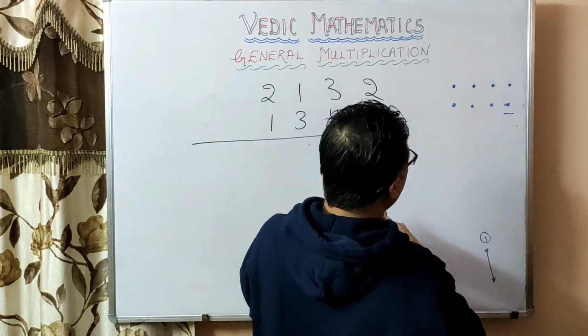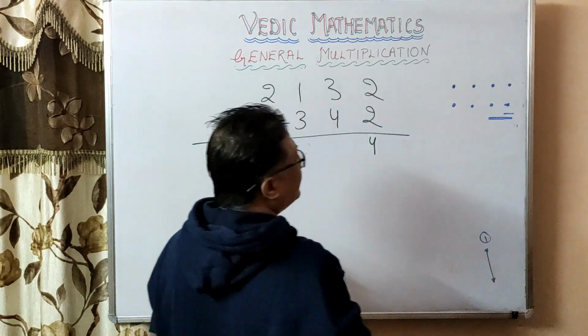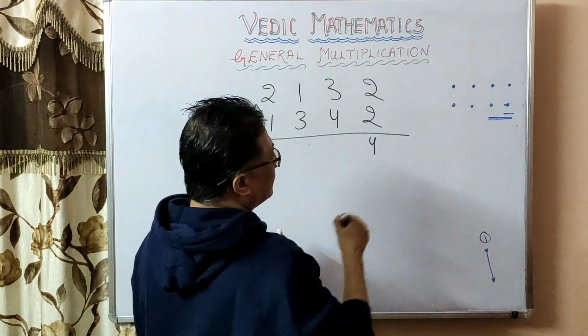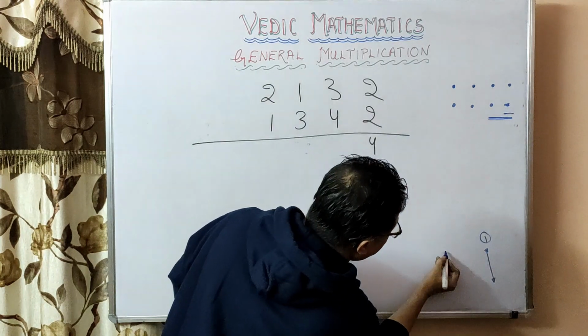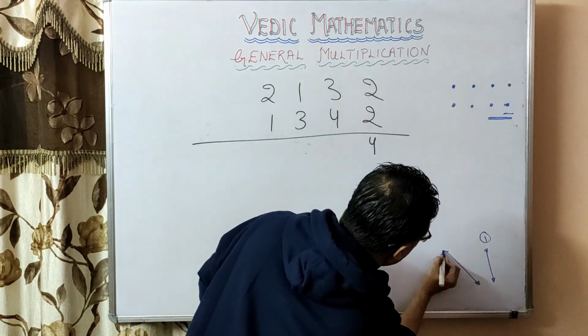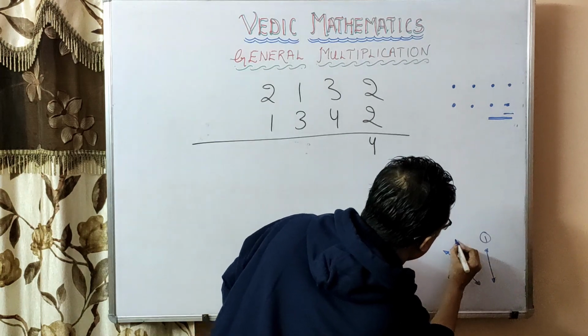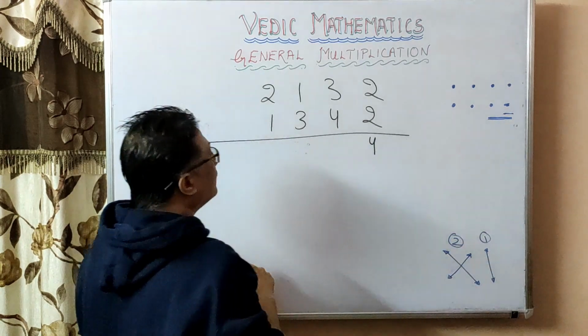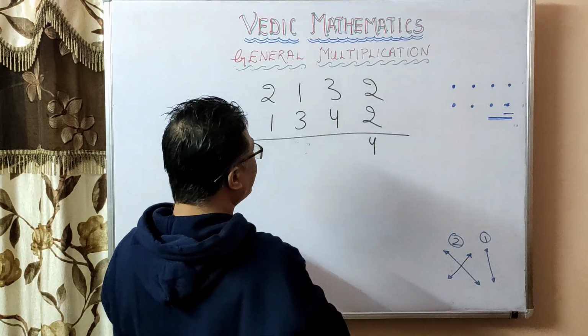In step 2, I'll consider these two simultaneously, and then because these two are considered, now it will be cross multiplication, and this will be the path. So 3 2s are 6, 4 2s are 8.